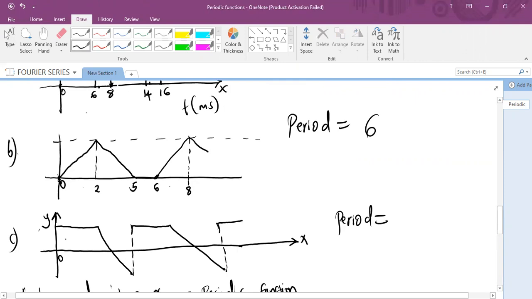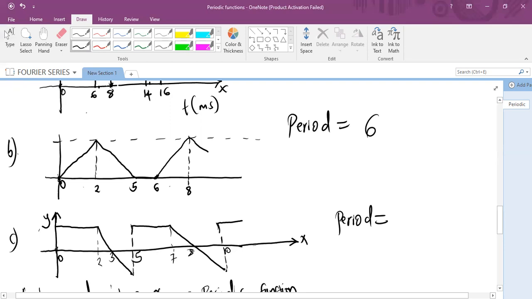Let's look at this last one here. It starts at 0 here, then it goes up, then it goes that way. Clearly, as we can see, these values are not indicated. Let me just indicate them. This is 5, this is 3, this right here is 2, this right here is 8, this is 7, and this is 10.